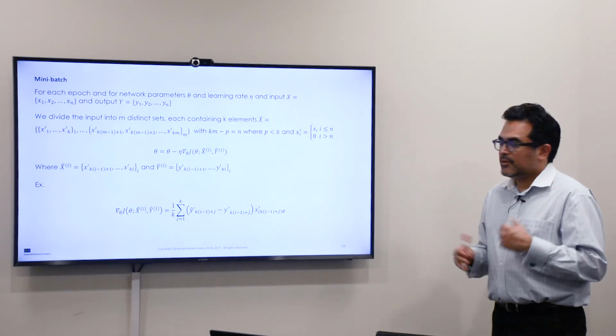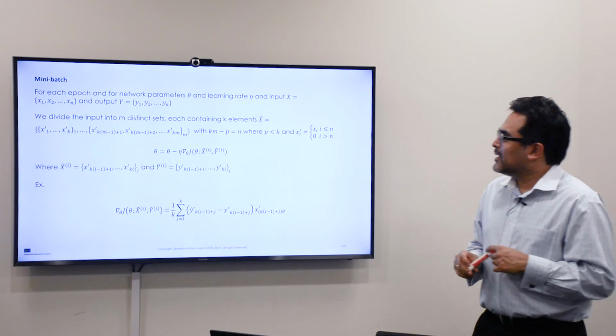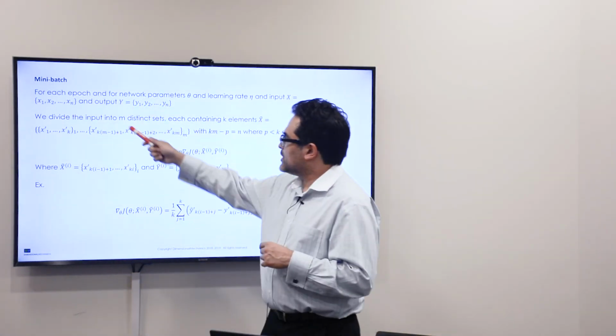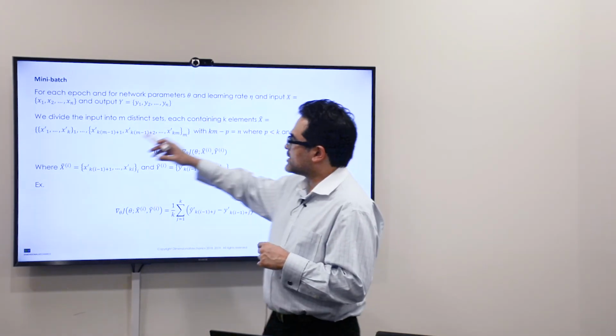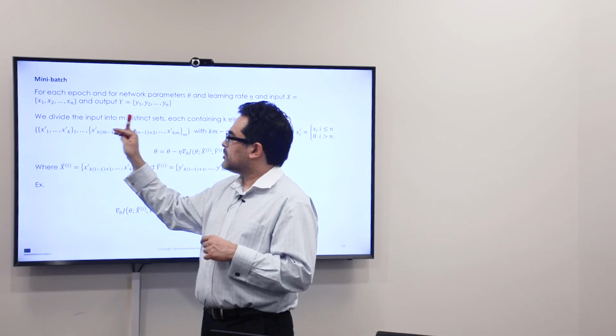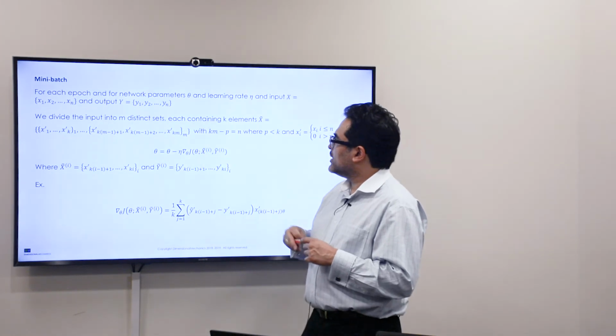And this is what mini batch looks like. You have your input, same thing, and you divide it into m distinct sets. This is your first group of inputs, second group of inputs, and so on up to m.